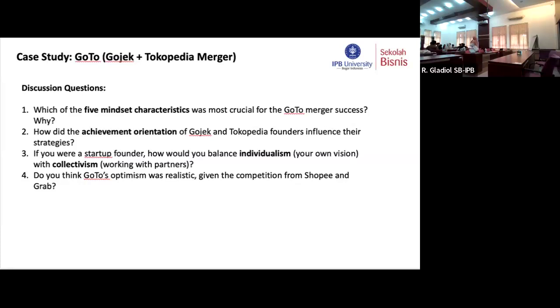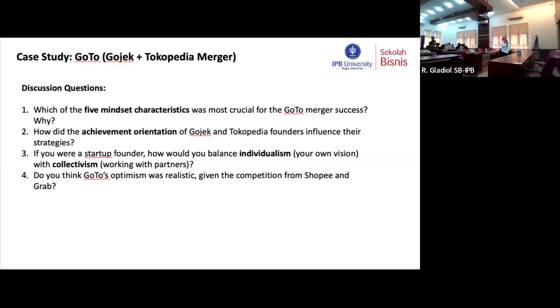Okay, number three. Do you agree or do you have other things? Number three. You as a spokesperson? Okay, just read it. If you are a startup founder, how would you balance individualism with collectivism?